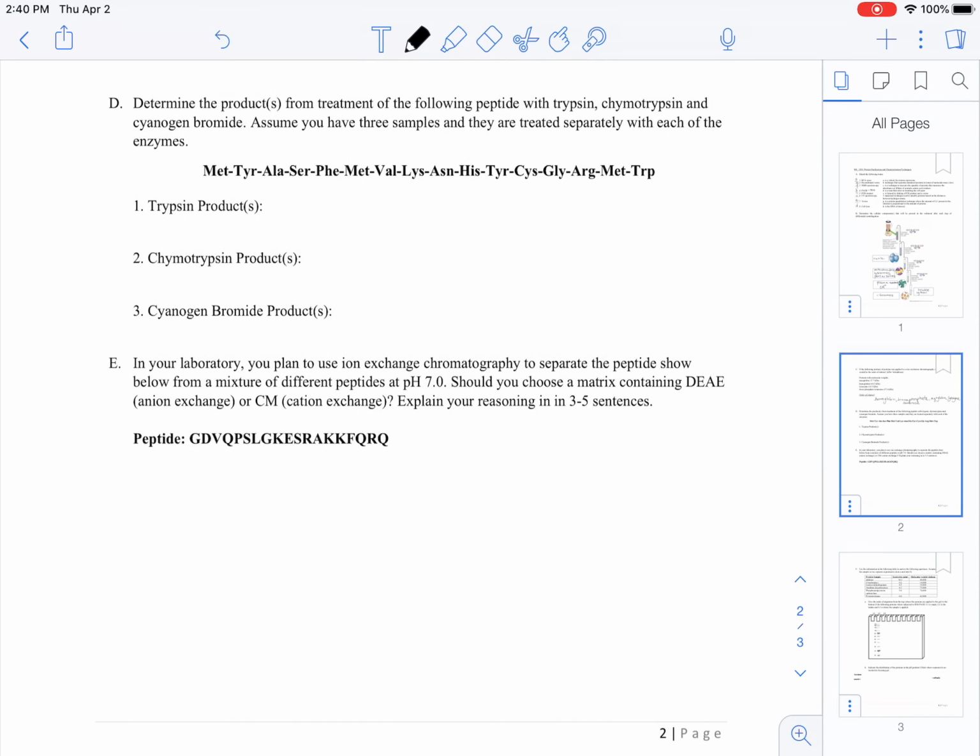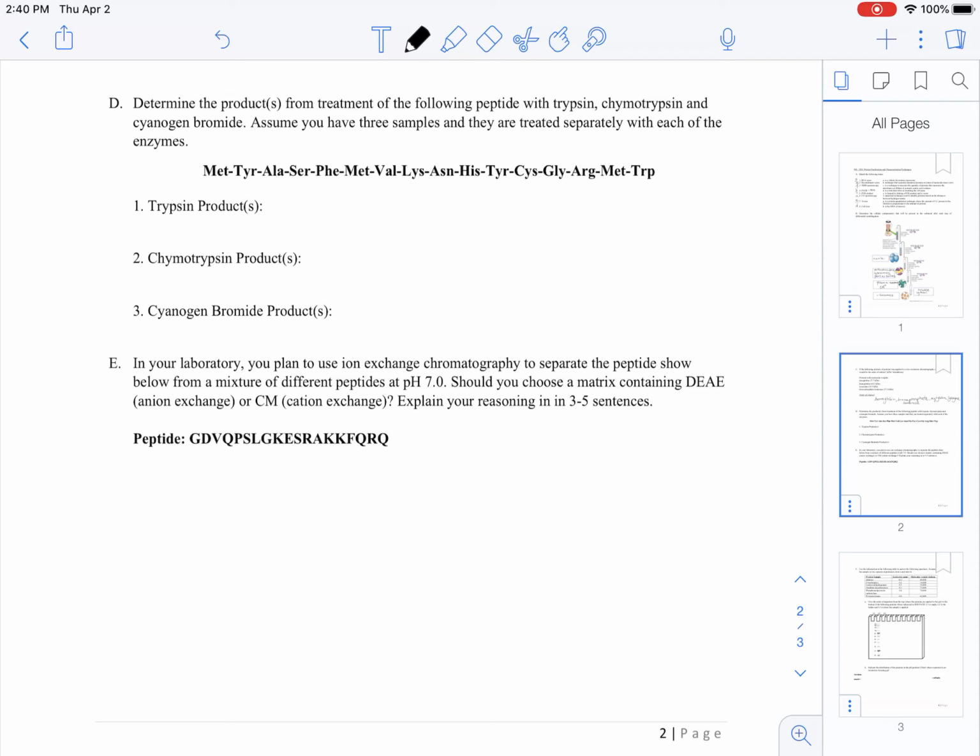Moving on to Part D. Part D reads, determine the product or products for treatment of the following peptides with trypsin, chymotrypsin, and cyanogen bromide. Assume you have 3 samples and they are treated separately with each of these enzymes.